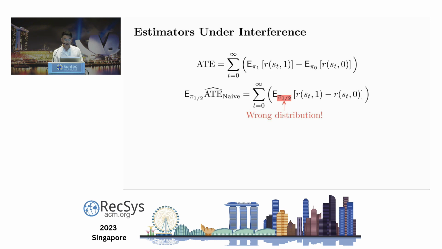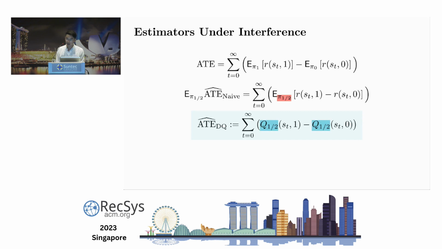So what can we do about this? Here's our estimator, the differences in Q's estimator. All we've done is a superficially very simple thing: we've taken the R's in the naive estimator and replaced them with Q's. And what is the Q value? For those of you who aren't familiar, this Q1/2 of S, A simply says, if I start in state S, I take action A, and I subsequently follow my experiment policy pi 1/2 forevermore, what's going to be the expected sum of future rewards?